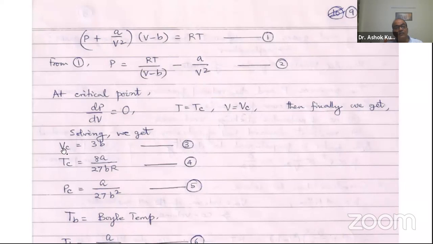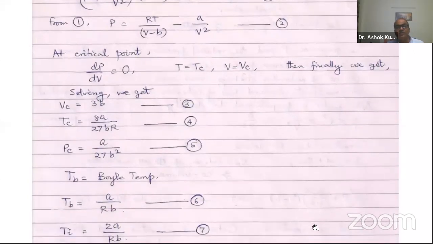We want Vc, Tc and Pc in terms of the constant parameters. After solving, this is the result. You should do it. Vc is equal to 3b, Tc is equal to 8a/27Rb and Pc is equal to a/27b². Don't get confused with all these. It is very simple. If you put the values, you will find it. And for the final university exam, this is important also. Many times you are asked such questions.